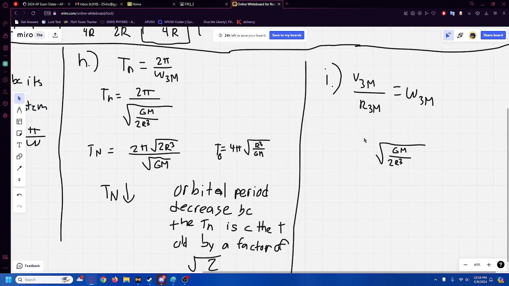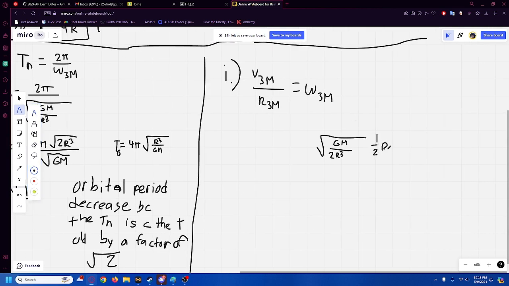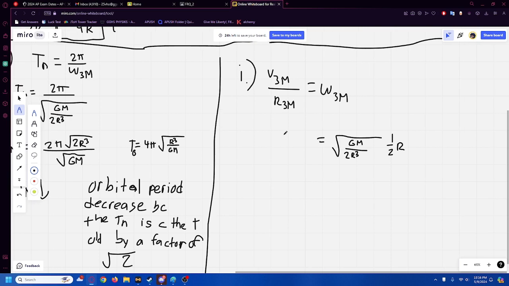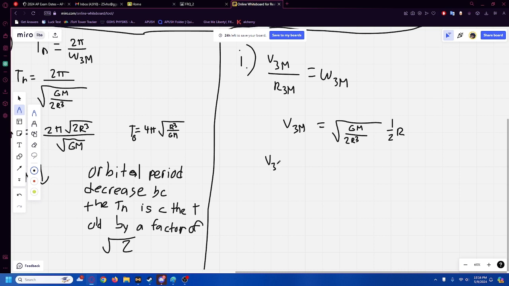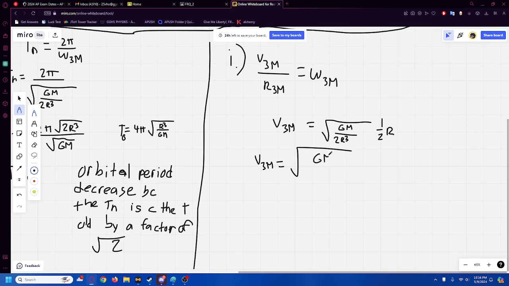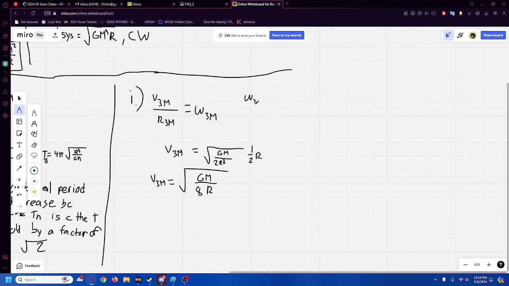This means that ω_3m times R_3m, and R_3m is 1/2 R, is equal to V_3m. So V_3m is equal to √(GM/R³), and 1/2 squared is 1/4, so 8. R squared over R cubed is R, and this is V_3m. And then ω_3m equals ω_m.